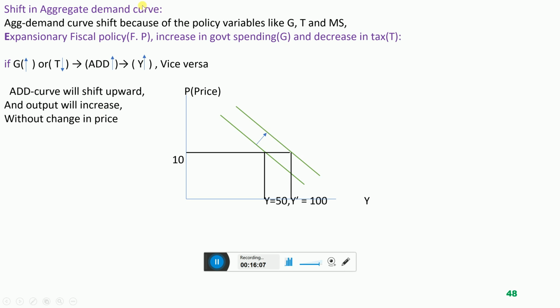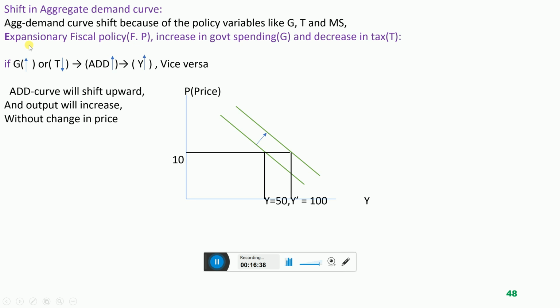Shift in aggregate demand curve. Okay, now in this section we will learn how the aggregate demand curve will change its position. It means what are the factors due to which the aggregate demand curve will shift upward or downward. The aggregate demand curve will change its position because of the policy variables, meaning because of change in government spending or taxes or because of change in money supply.